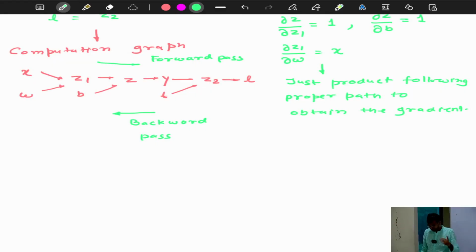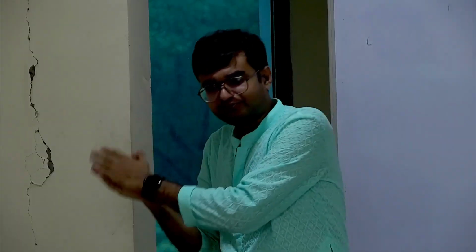From Z2, I can go to T or Y, but I will go to the parent which will take me to B. So I will go to Z. From Z, I will go to B. So I will follow the parent-child graph in the reverse direction. From child, I will go to the parent. So while backpropagation or while computing the gradient, we go from child to parent. While forward pass, we go from parent to child. Right?